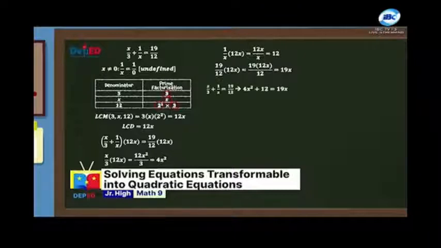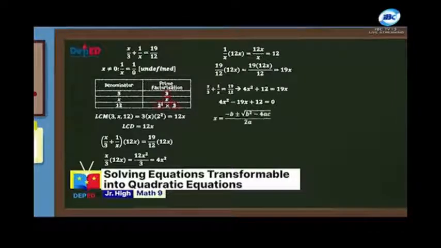Hence, the rational algebraic equation can now be expressed as the quadratic equation 4x squared plus 12 equals 19x. Written in standard form, the equation must look like this.